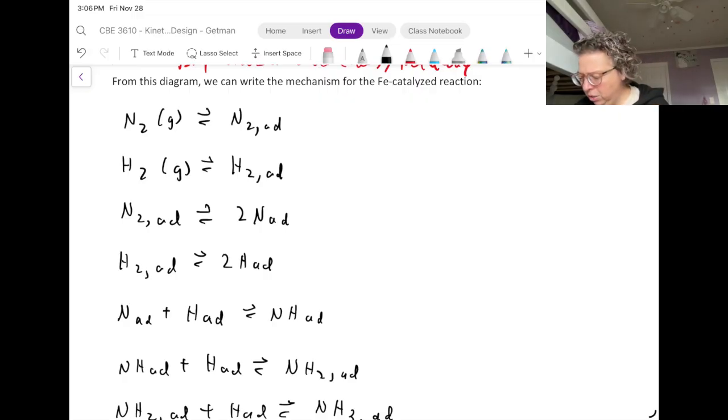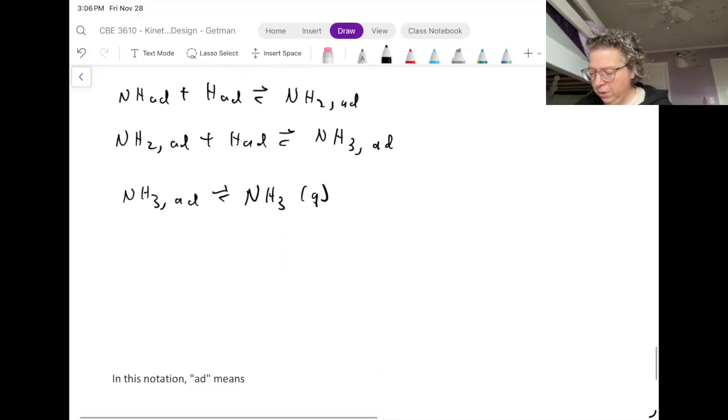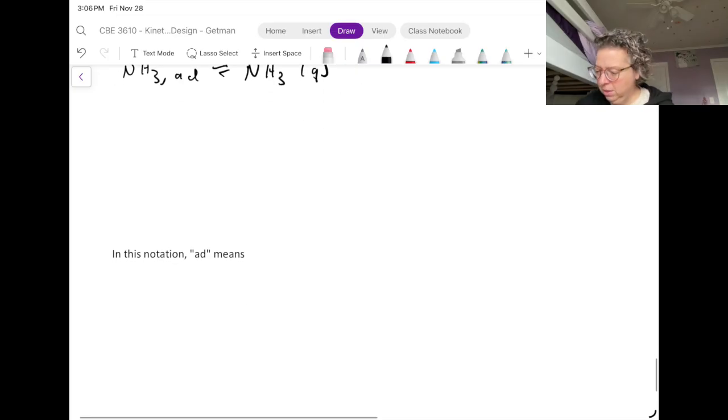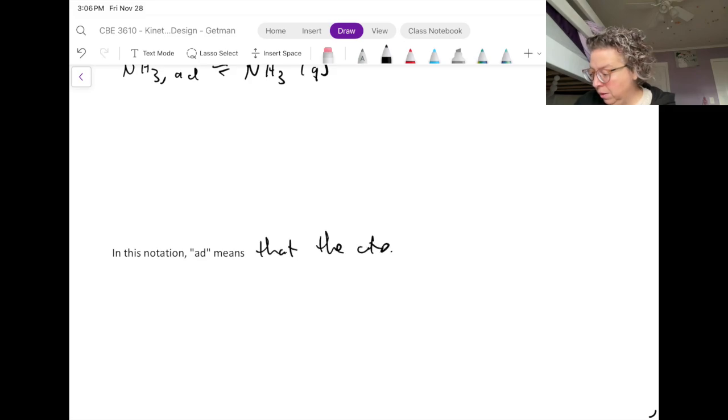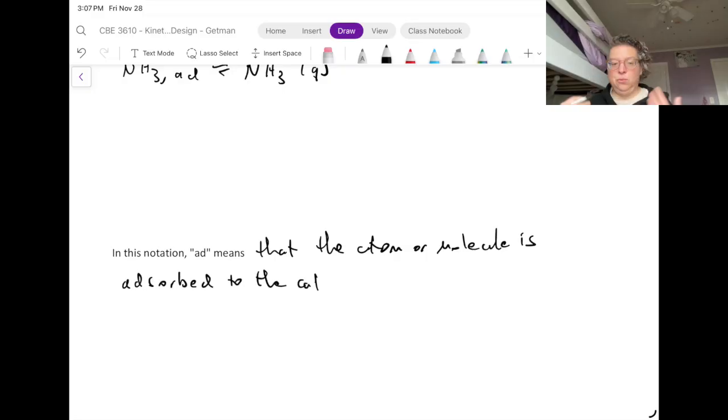In this notation, the one thing to keep in mind is that when I write "ad" with a species, that means the atom or molecule, the species, is adsorbed to the catalyst. This means it has formed a bond with the catalyst. So for us to be able to capture that species, it needs to break the bond with the catalyst surface, meaning it needs to desorb and go back into the gas phase.